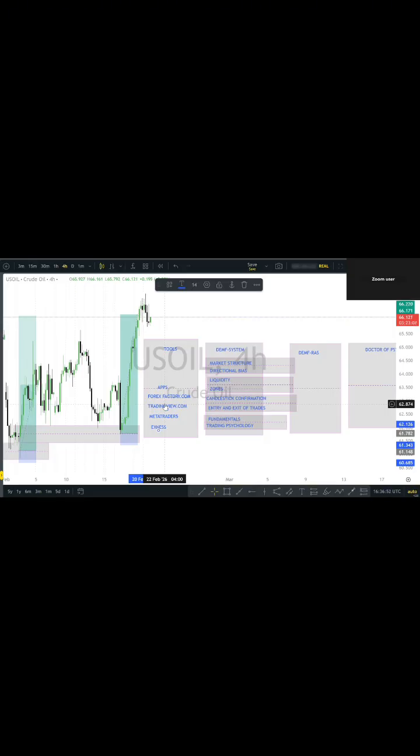That is what I'm using, and it's been working perfectly for me. All my mentees have been using the same thing as well. I will send you a link to get the Exness Terminal app.